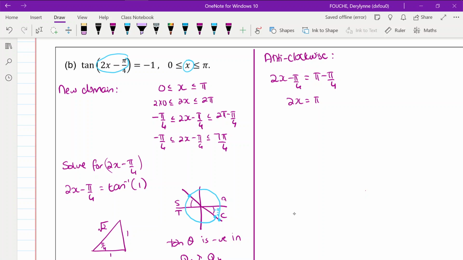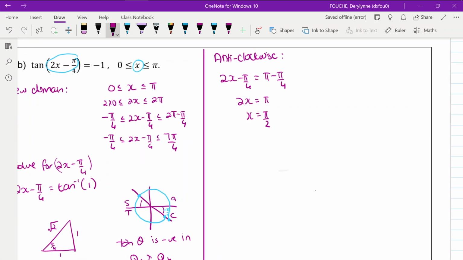That's wrong, so 2x is equal to pi, my pi on 4's cancel, so x will be pi on 2. Or, I've got 2 solutions here, 2x minus pi on 4 is going to be 2 pi minus pi on 4. Again, my pi on 4's cancel, so 2x is 2 pi, and x is going to be pi.